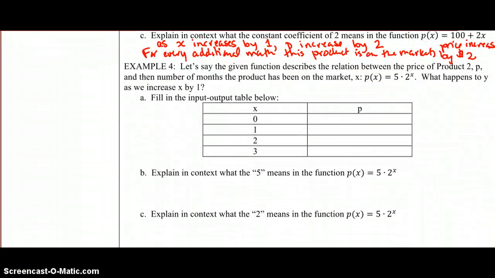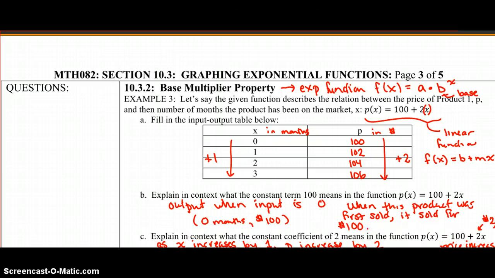Now let's say the given function describes a relation between the price of some other product, product 2, and the number of months, where again we'll say that this price is in dollars, and inputs are in months. Now it's described by this function, which we should recognize as an exponential function.